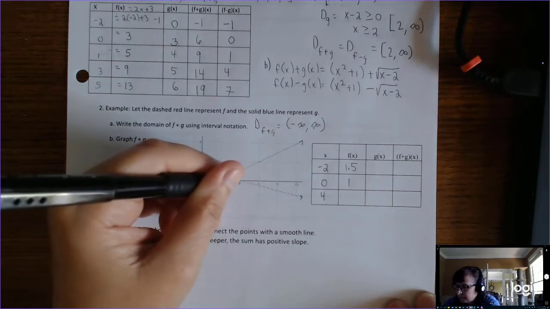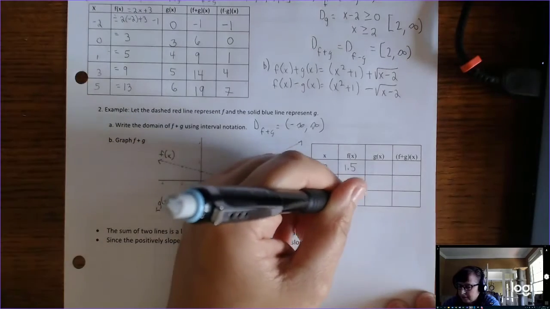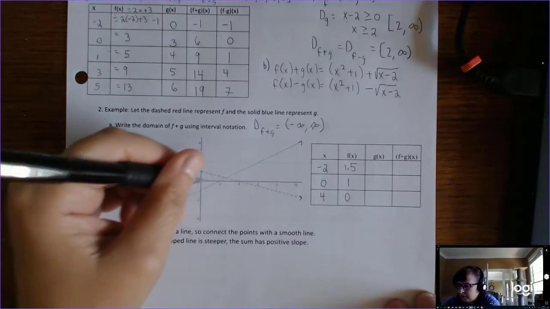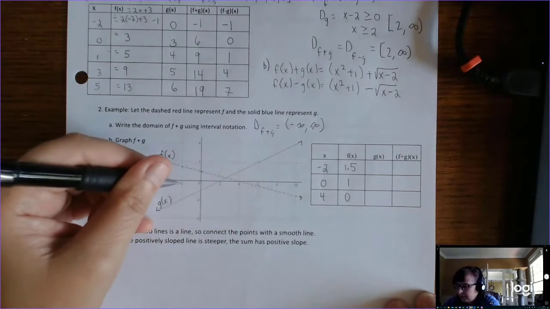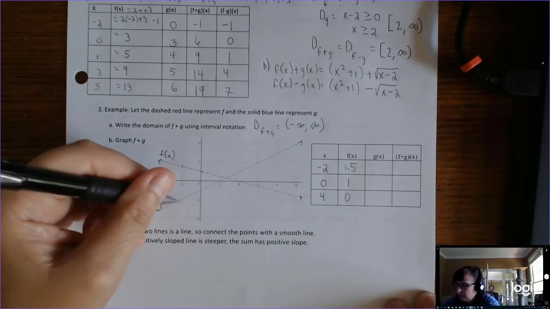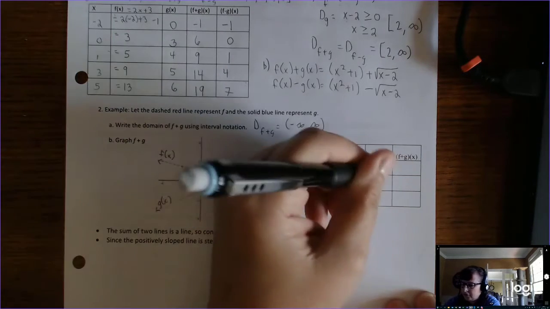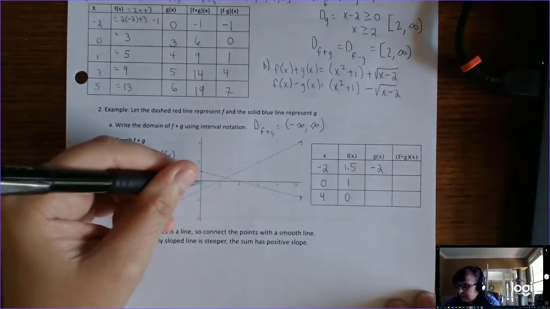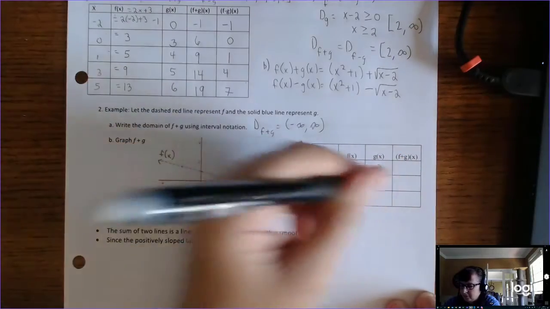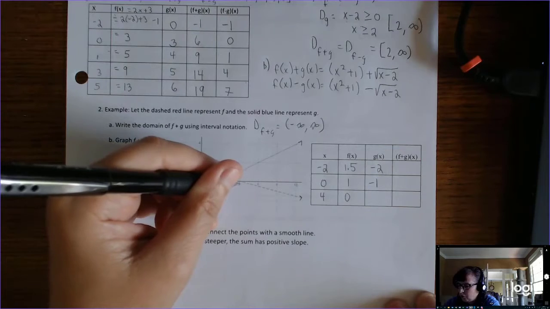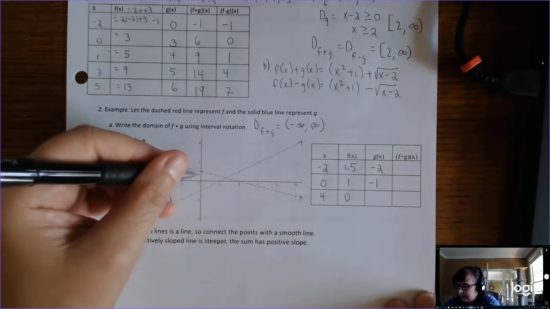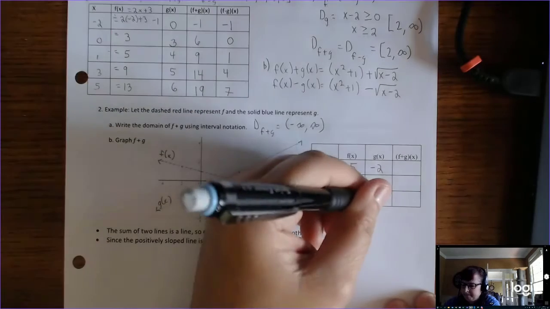And when x is 4, f is 0. Alright, now try to just focus on this solid line. When x is -2, g is -2. And when x is 0, g is -1. And when x is 4, g is 1.